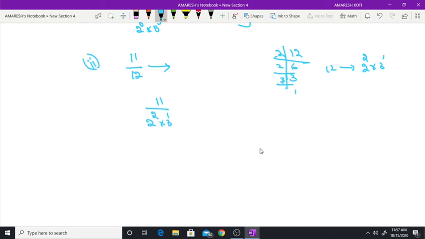It is stated that the denominator should be in the form of 2 power m into 5 power n, but it is in the form of 2 power m into 3 power n. So this is non-terminating repeating decimal.